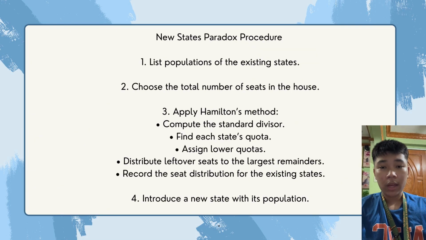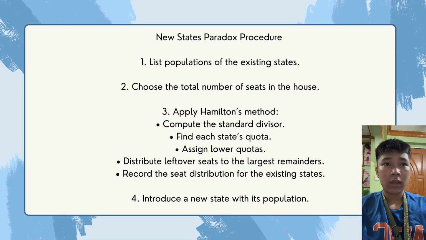Next of the steps and procedures of the different paradoxes is the new states paradox. Here are the steps and procedures of the new states paradox. Step 1: list populations of the existing states. Step 2: choose the total number of seats in the House.